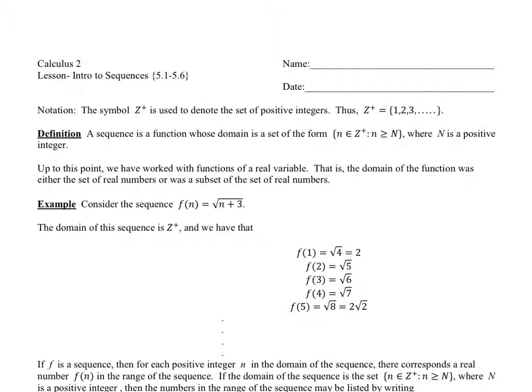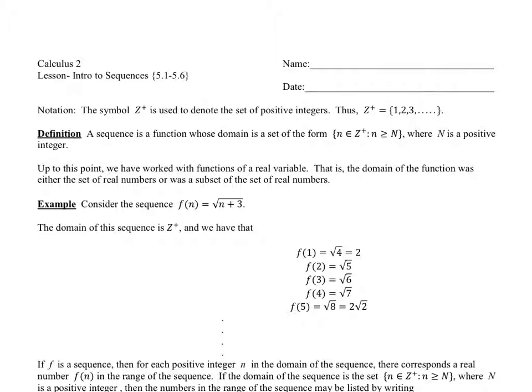So that's what this is getting to. A sequence is a function whose domain is a set in the form of, look at that, it's beautiful: n belongs to the set of positive integers such that n is greater than or equal to N. All right. So it's like, whoa, n is greater than or equal to N. That capital N represents a particular positive integer.